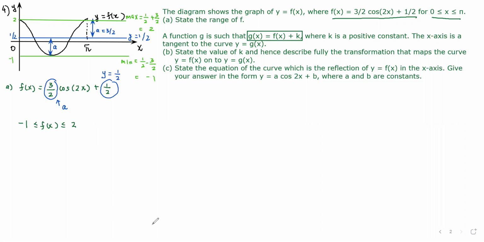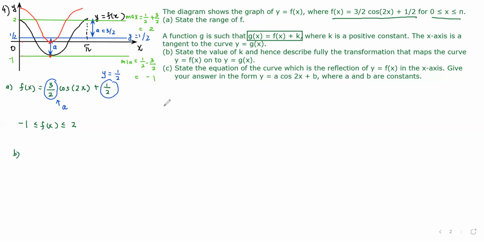So in order to translate this graph so that the x-axis is tangent, that minimum point here must move to the x-axis. So the new graph that you will have must have a minimum point on the x-axis. From y equals -1, you move to the x-axis, meaning that you are translating the graph of f(x) 1 unit upwards.